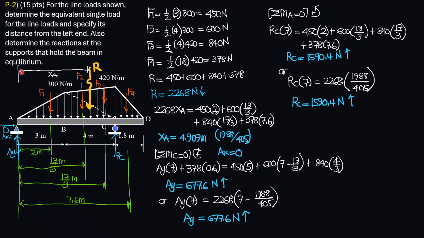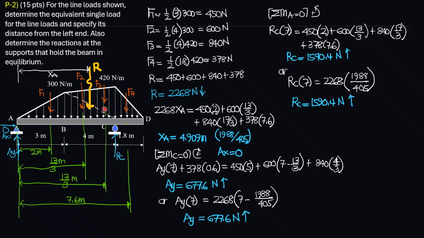Its location is determined by Varignon's theorem. So the moment of the resultant about A is 2268 times XA equals F1 times 2. F1 is 450 times 2 plus F2 600 times 13 over 3. It's very clear here. You should present your solution in this manner.